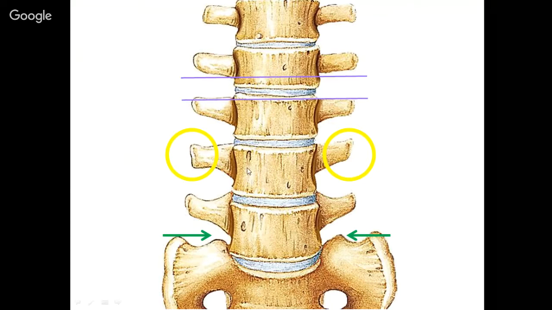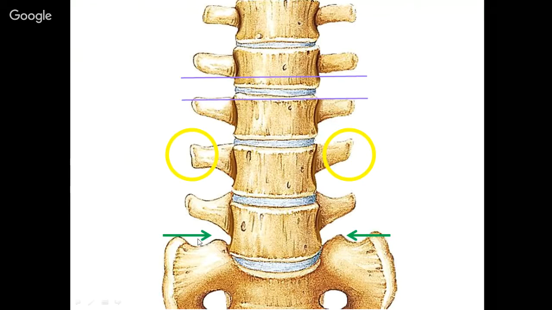And then here, if you look at the transverse processes of L4, you can see how this butt end is much more square, and this butt end is a little bit more slanted and sloped, and it's more narrow in general, and the whole thing's thicker. So you can see from here that there's more developed muscles on the right side, which are pulling and developing the bones more on the right side than on the left.